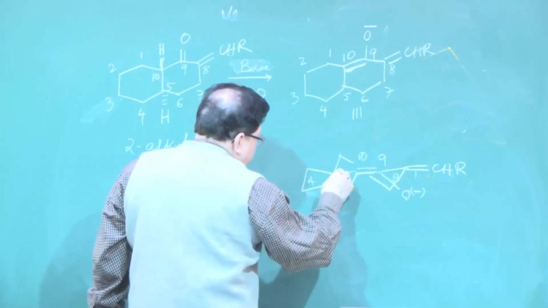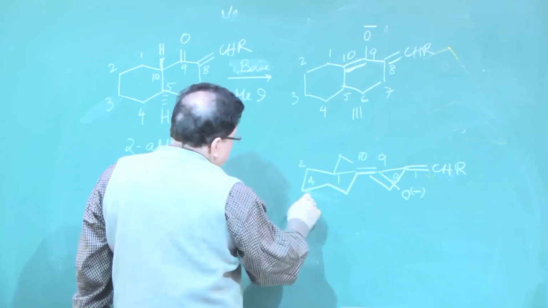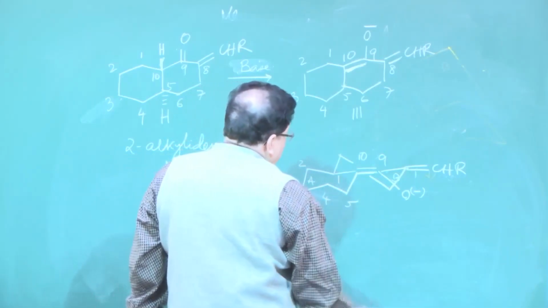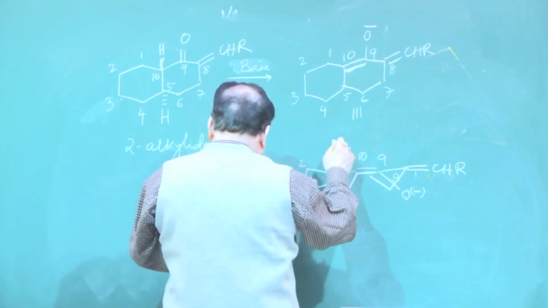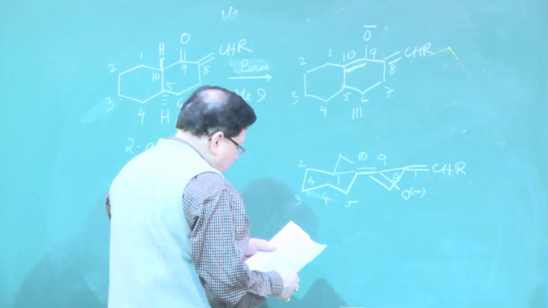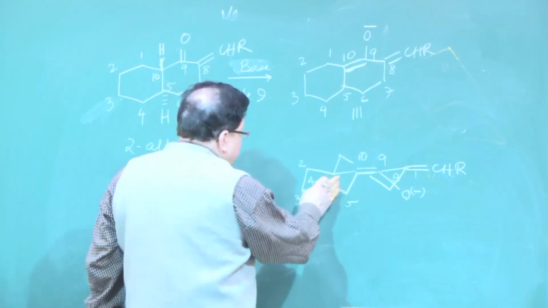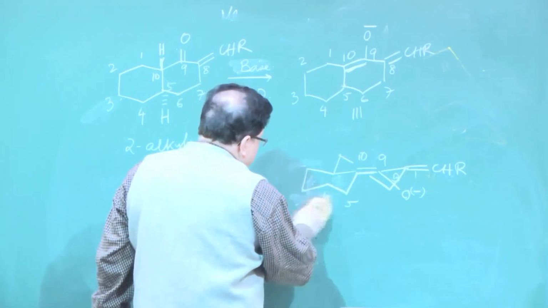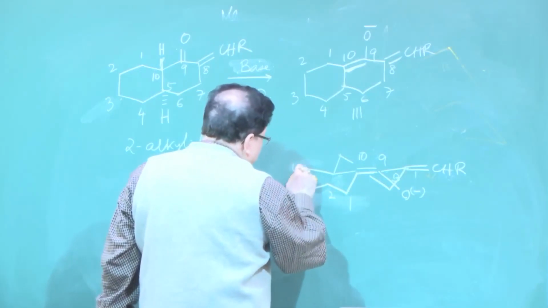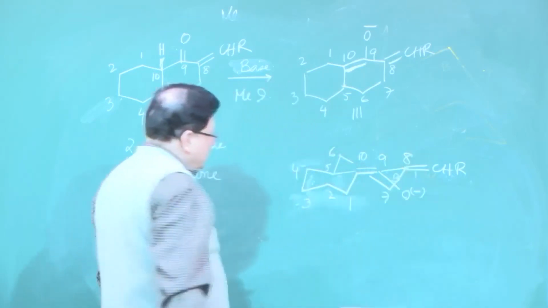So, now you complete the numbering. This is 1, this is your 2, this is 3, this is 4, 5, and then, 5 is connected to 6, oh sorry, I am really sorry, this is not 1, you have to do it in the opposite way, 1, 2, 3, 4, 5, 6, 7, 8, 9, 10, this way.